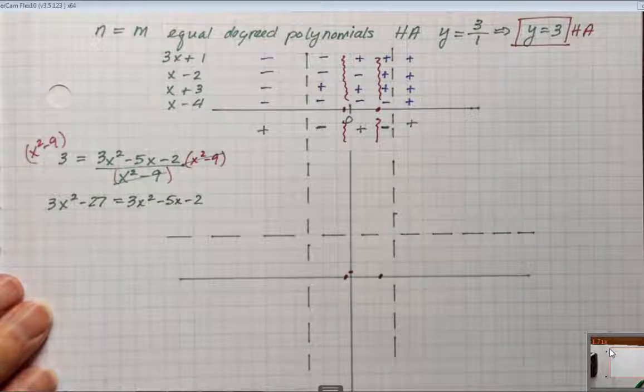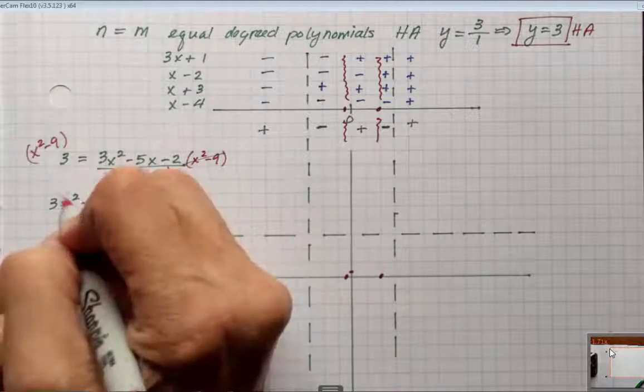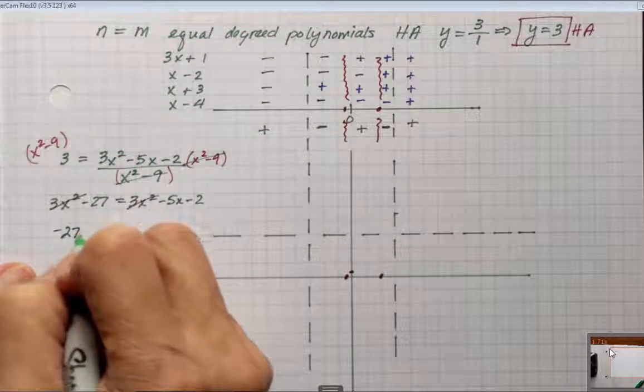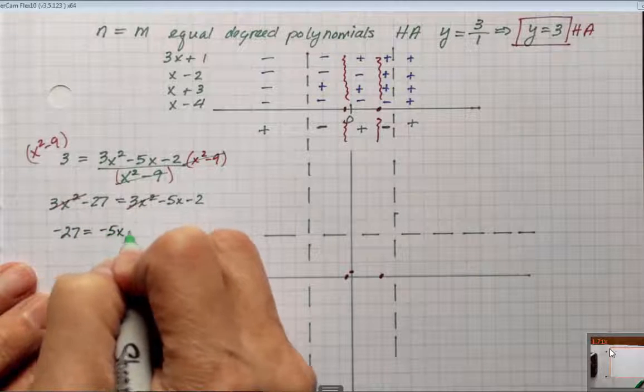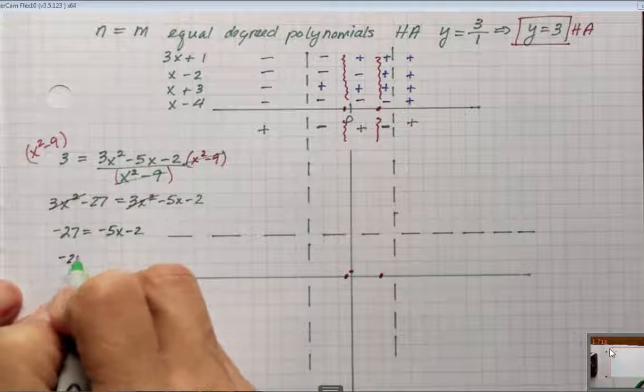When I subtract 3x squared from both sides of the equation, they cancel out. So then I'm left with negative 27 equals negative 5x minus 2. Adding 2 to both sides, negative 25 equals negative 5x.